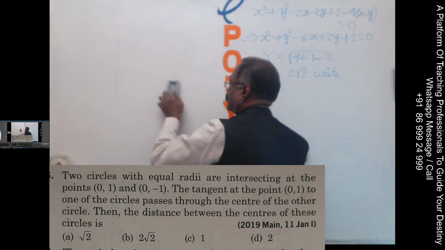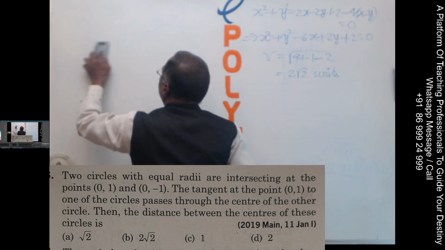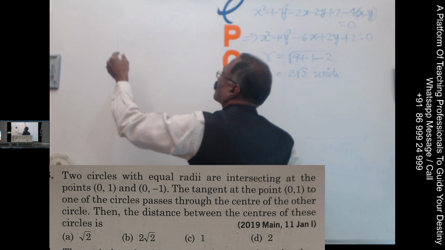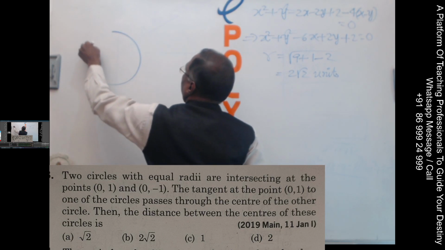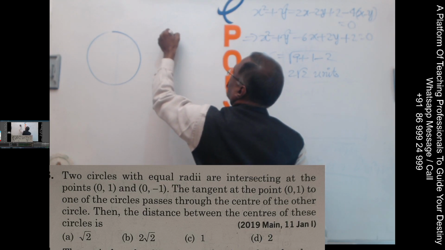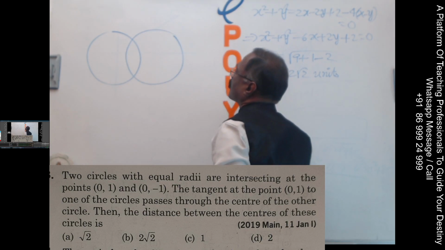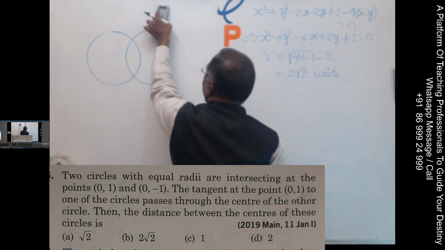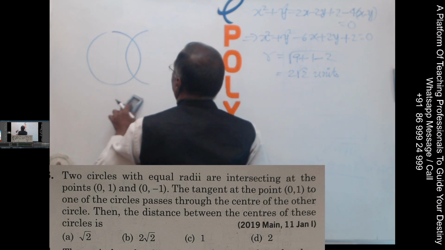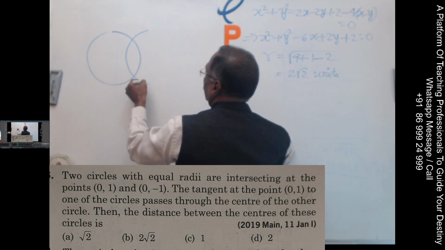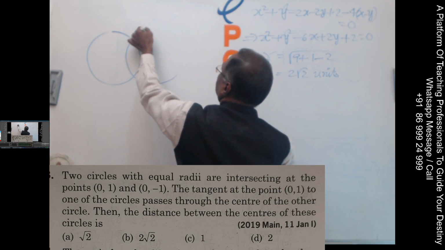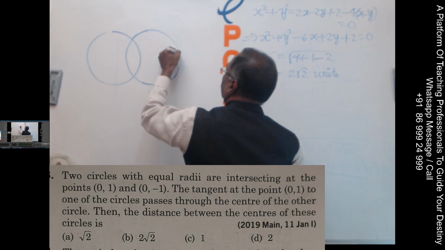Let me draw the diagram. This is the first circle. This is the second circle. Of course, the size may be a little bigger. I'm not a good artist, so adjust. Remember the concept.